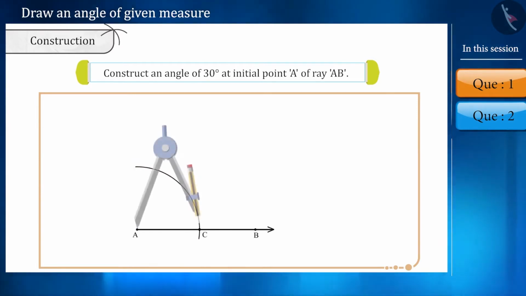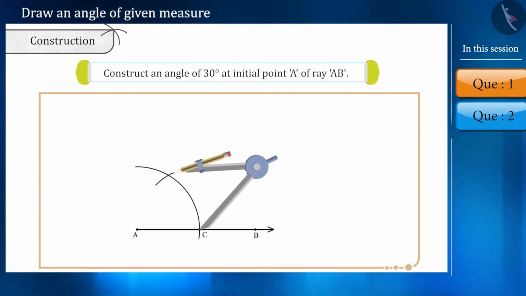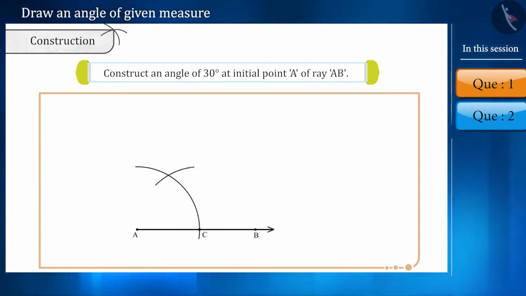Now, without changing the measurement, we will draw one more arc from point C, which will intersect the first arc at point D. Now, on angle A, by constructing an angle bisector, we can form an angle of 30 degrees on ray AB.